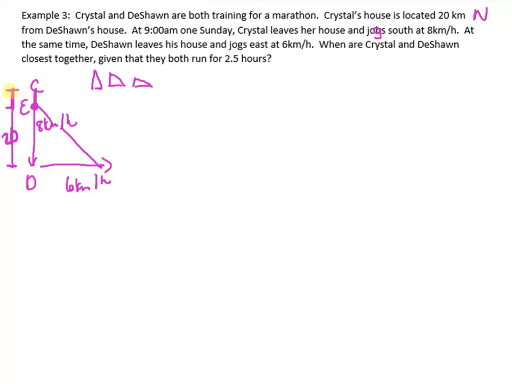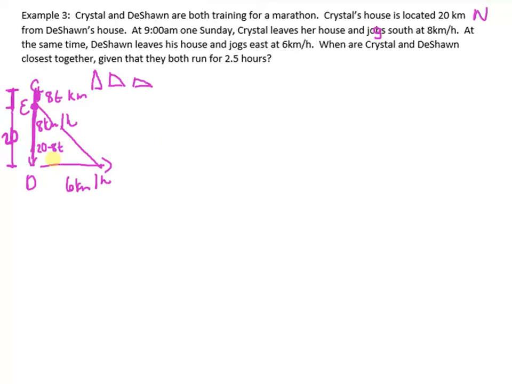So this CE is going to be 8T kilometers, because it's 8 kilometers an hour times T hours. And then this distance right here is going to be 20 minus 8T kilometers.